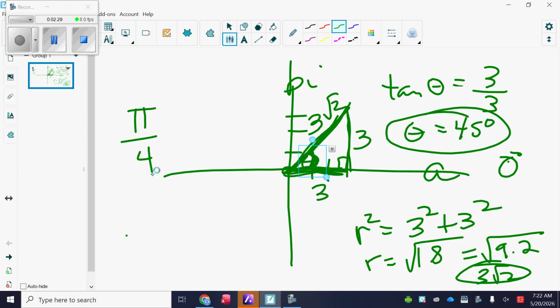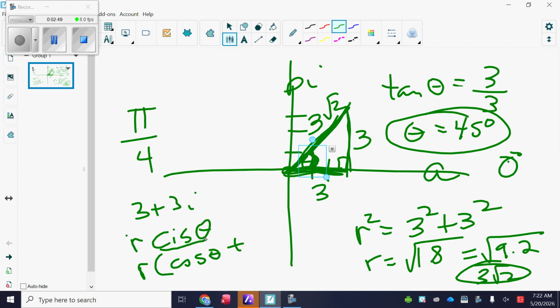So the ABI, the 3 plus 3i that you have converts to what I call rcis theta. Rcis is a simple way of saying r times the cosine of theta, there's the c, plus i sine of theta.